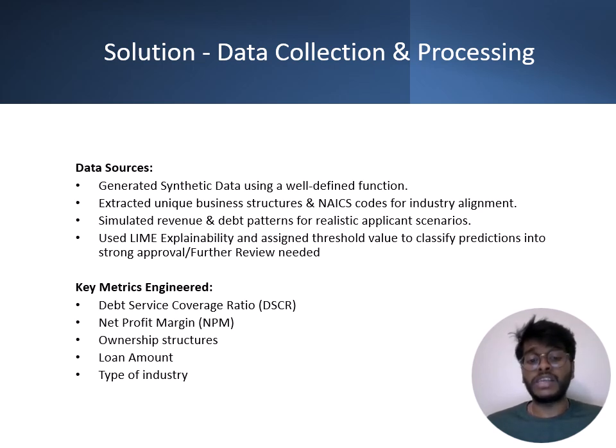Some of the features of that function are we extracted unique business structures and NAICS codes for industry alignment, and we have simulated revenue and debt patterns for realistic application scenarios. There are more considerations taken while writing this function, and the key columns in the data are DSCR, debt service coverage ratio, net profit margin, ownership structures, loan amount and type of industry.